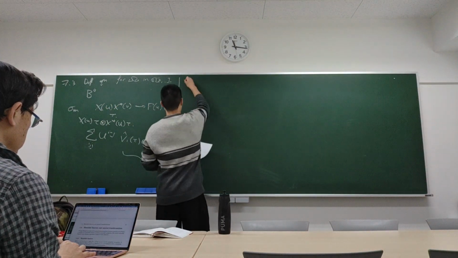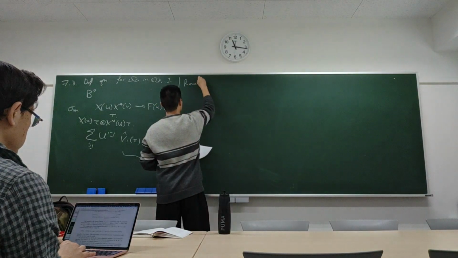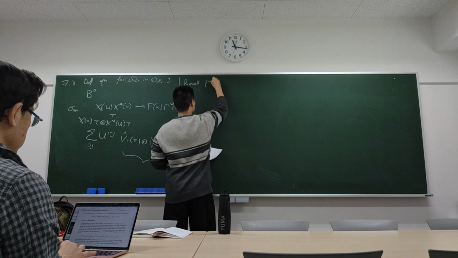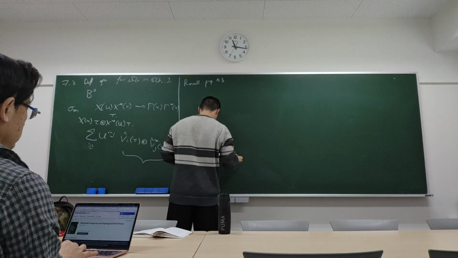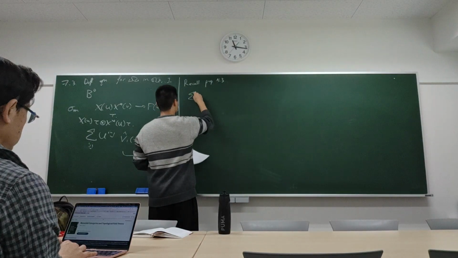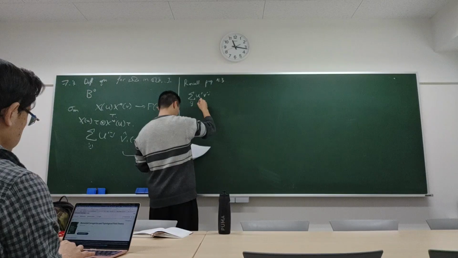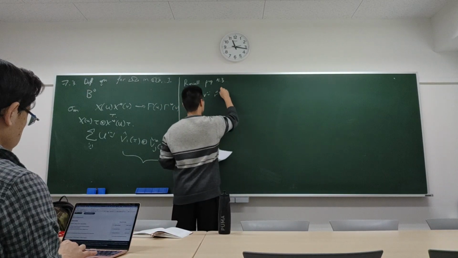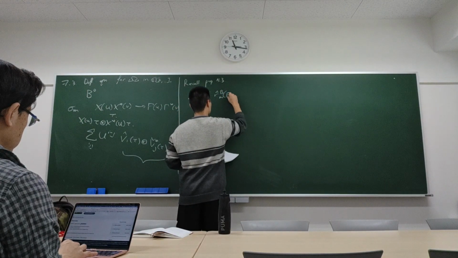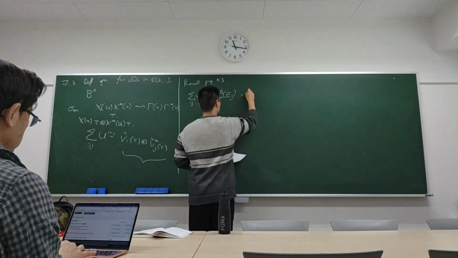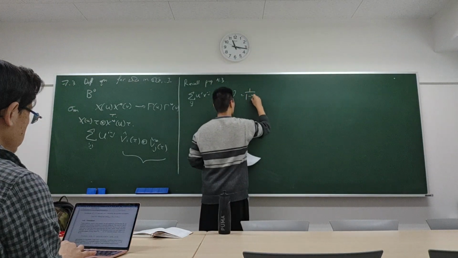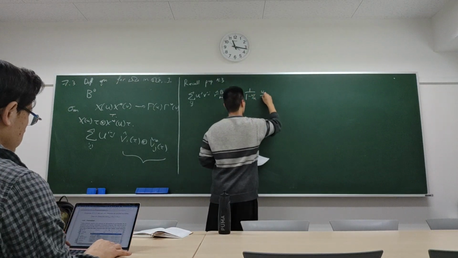And recall this proposition we had previously. So we have this ui v minus j thing, and this is equal to 1 over 1 minus b over u over v.